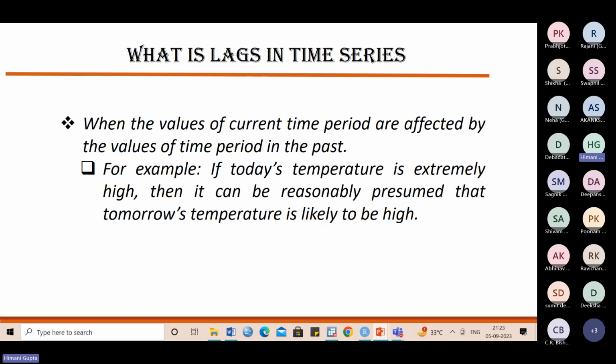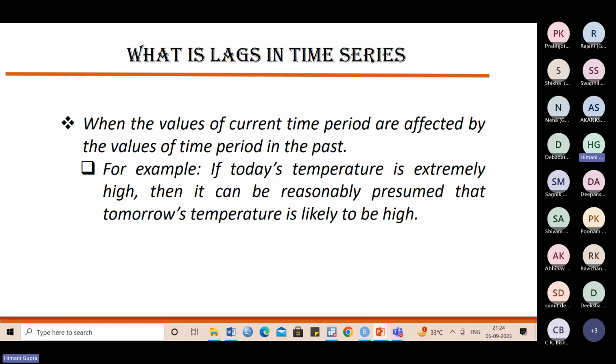Now, what happens in lag terms, right now we are saying that your stock price, your temperature is depending on your previous day temperature, or today's stock price is depending on previous day's stock price. But if I'm talking about temperature, only the previous day temperature is not the factor. There are various other factors also on which the temperature is depending.